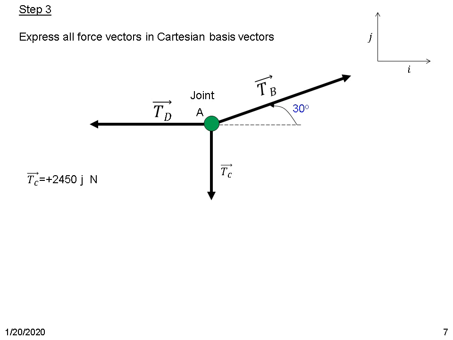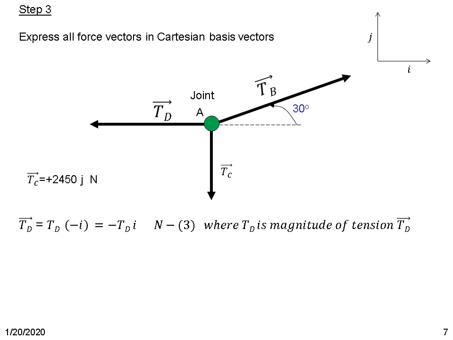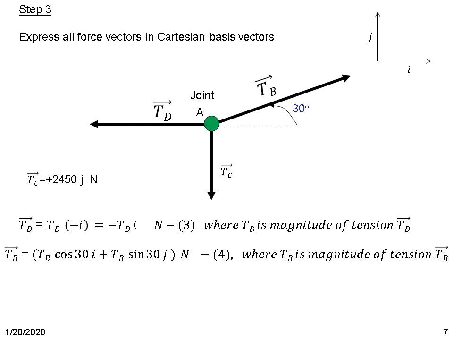We can now write the force vectors in terms of the magnitude and direction as shown in equations 2, 3, and 4. Note that the tension TD is acting in the negative I direction and tension TB has components in positive I and J directions. Using the condition for static equilibrium, we can solve the unknowns.